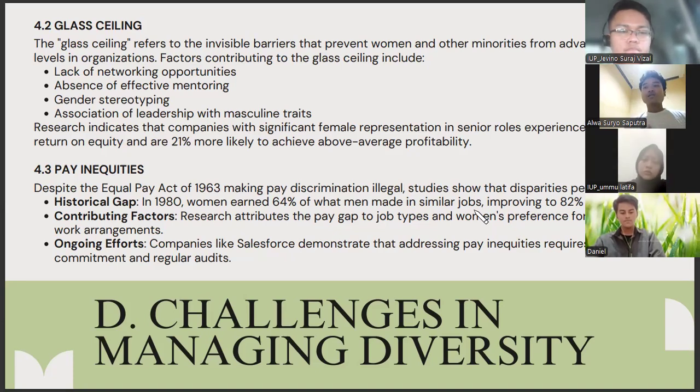The first, historical gap. In 1980, women earned 64% of what men made in similar jobs, improving to 82% by 2017.